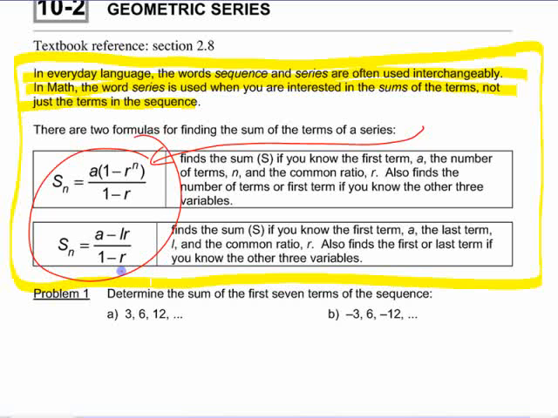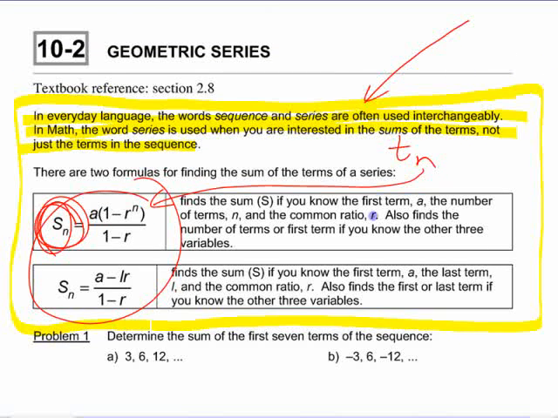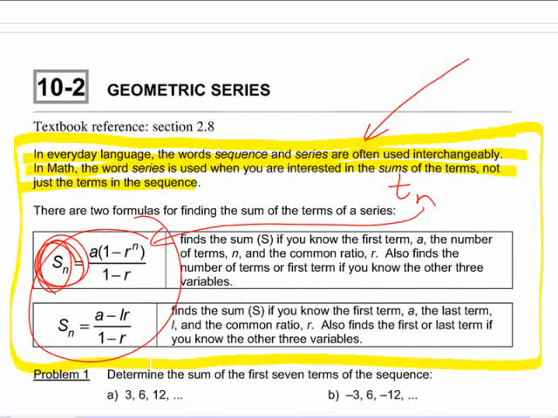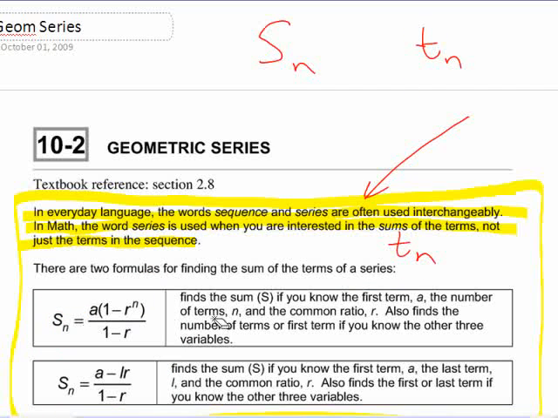I'd rather that you understand the difference between this and T_n. If you read this, it says what it is. It tells you what S_n is. If you know the difference between S_n and T_n, you can use these formulas and you can understand everything here.